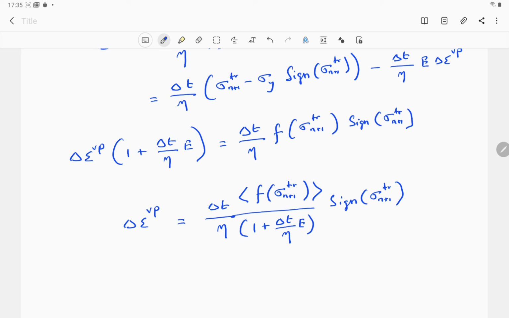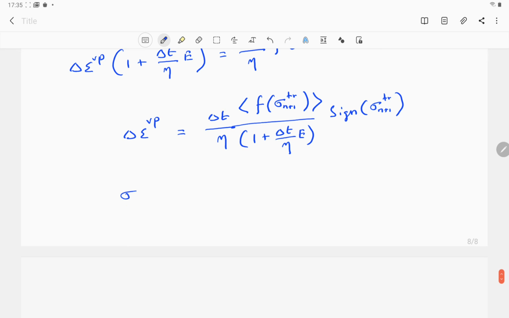So now using this formula, once I calculate delta epsilon Vp, then sigma is nothing but sigma n plus 1, or before that let me calculate epsilon Vp n plus 1, which is epsilon Vp n plus delta epsilon Vp, and this leads to sigma n plus 1, which is equal to E into epsilon n plus 1 minus epsilon n plus 1 Vp.